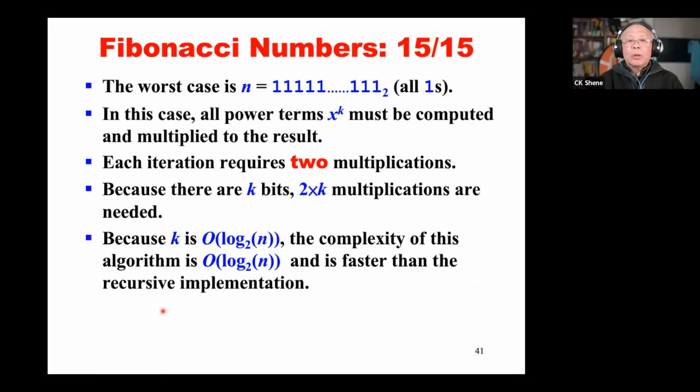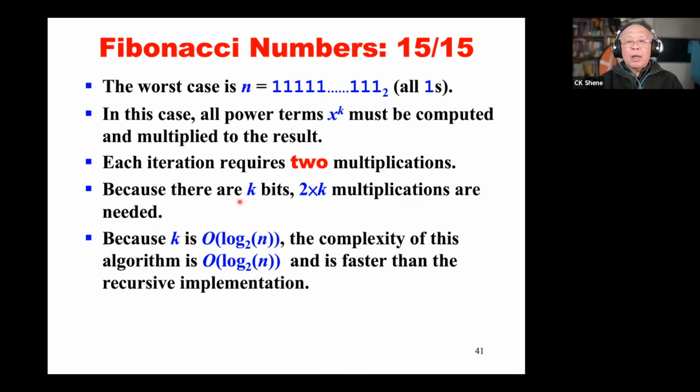So the worst case is when n has all 1 bits. So that means if we have k bits, then we have k iterations. In each iteration we square the power and multiply the current power to the product. Essentially, in this worst case, we need 2 multiplications per iteration.